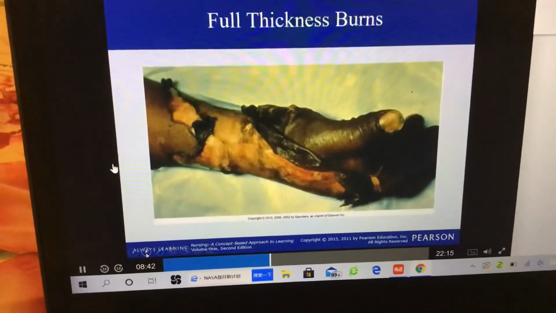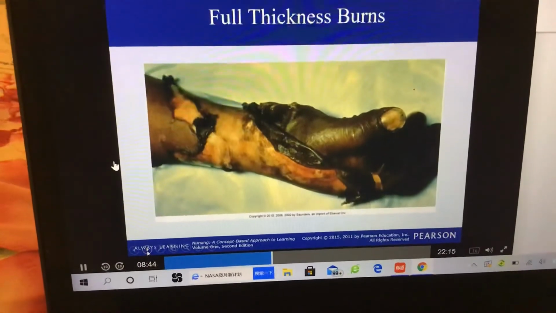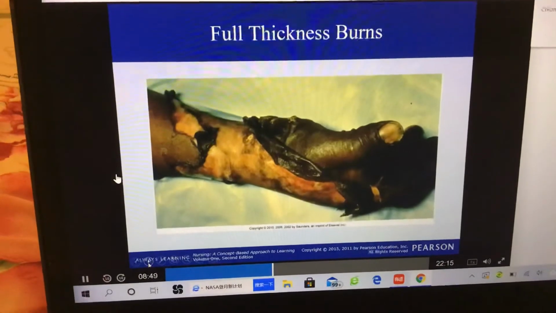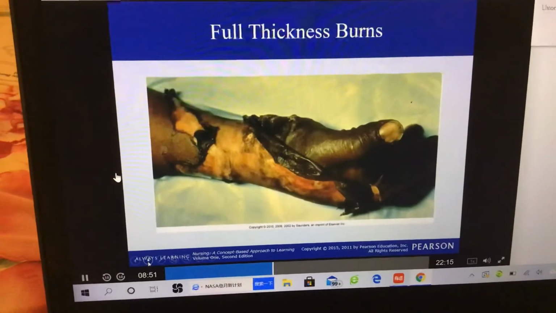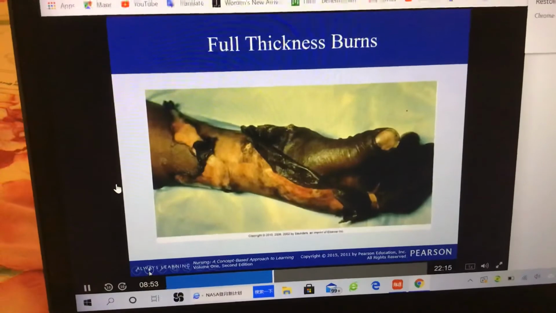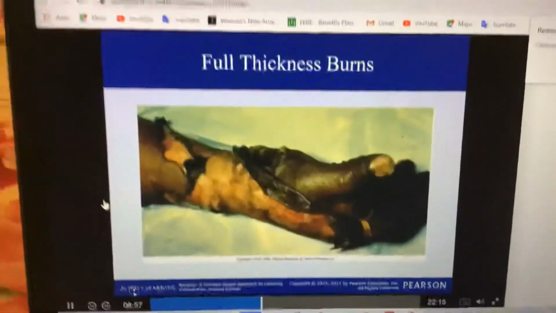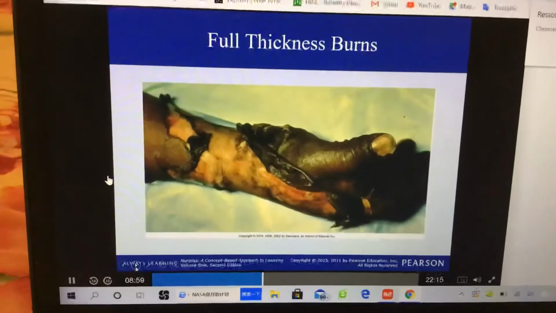Full thickness burns involve all the layers of the skin and may extend into the subcutaneous fat, connective tissue, muscle, or bone, and are caused by prolonged contact with the source of the burn. These burns are going to require skin grafting in order to heal.